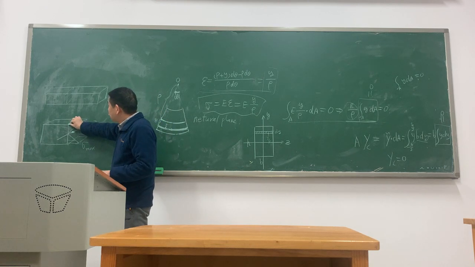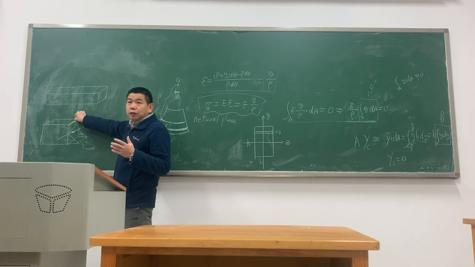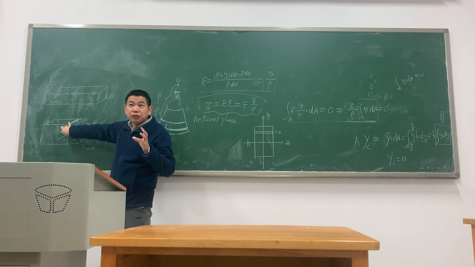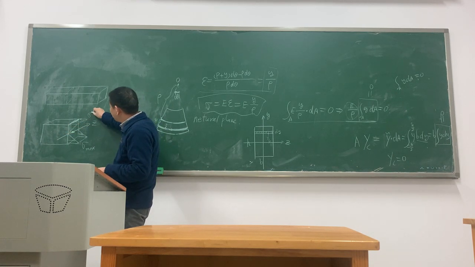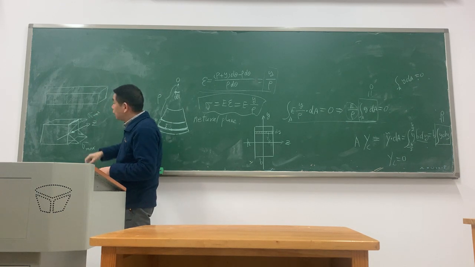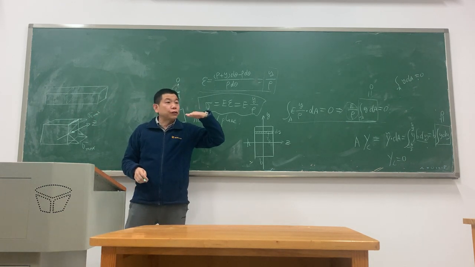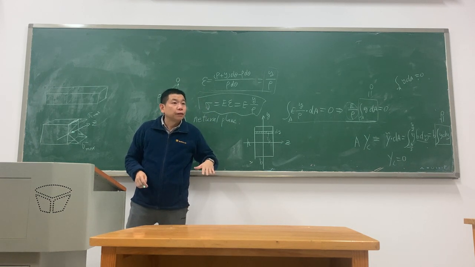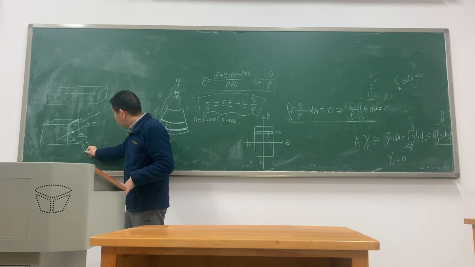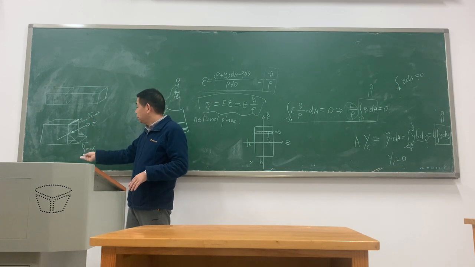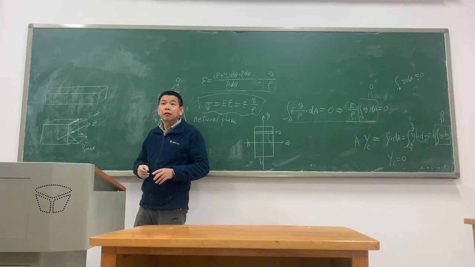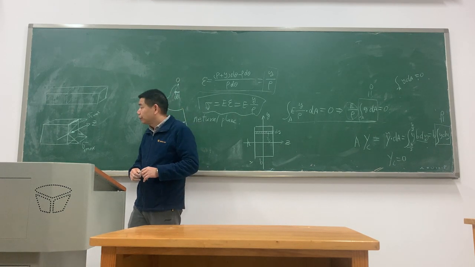Or if the material is weak in compression, it will be at the top surface of the beam. Yes or not? In tension is maximum, in compression is maximum. Understand? Yes.